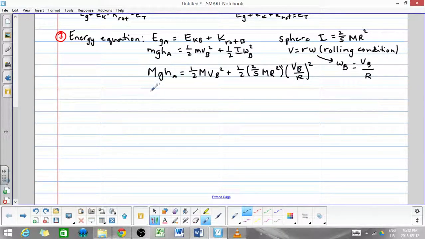Okay. So mgHA equals 1/2 m VB squared plus, let's cancel the 2's here. You see you've got r squared, and you're going to have r squared on the bottom there because the squared applies to everything. So we have 1/5 m VB squared.